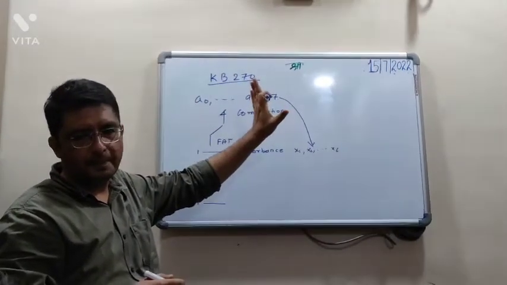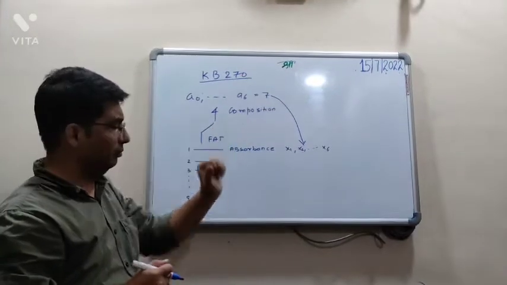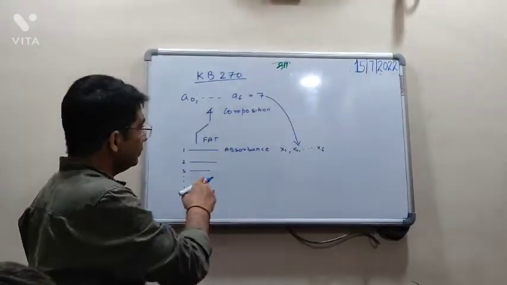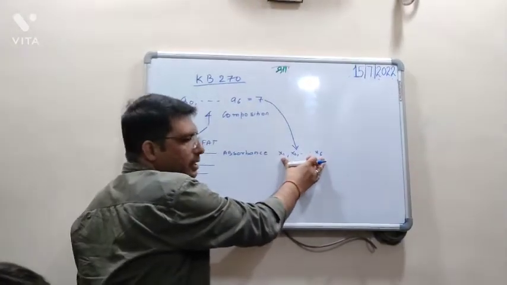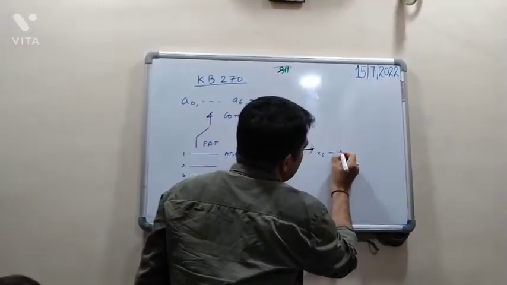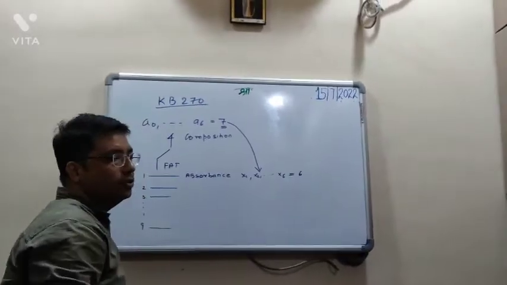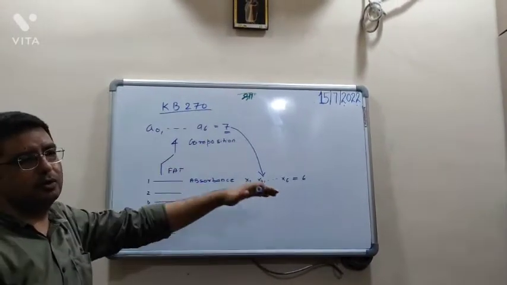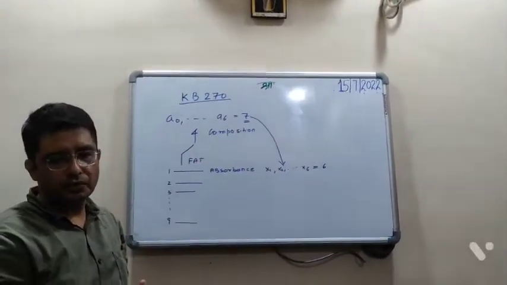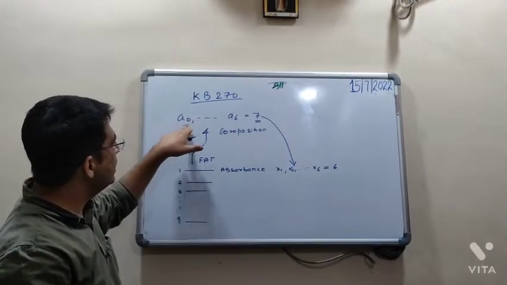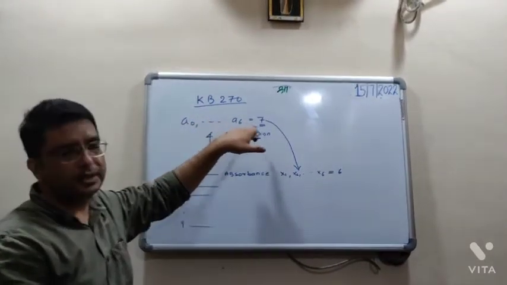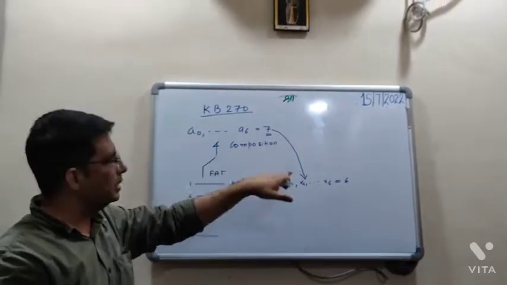Then what is the relation? These are 6 coefficients and these are 7 coefficients, so you cannot establish a relation because both have different values. Now the question is, what is the relation? What is this A0 to A6? This is known to you.